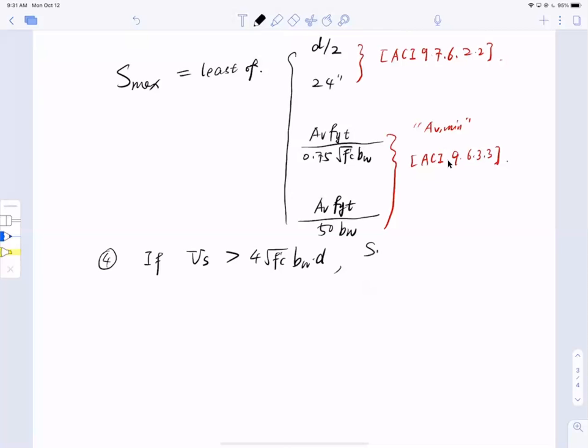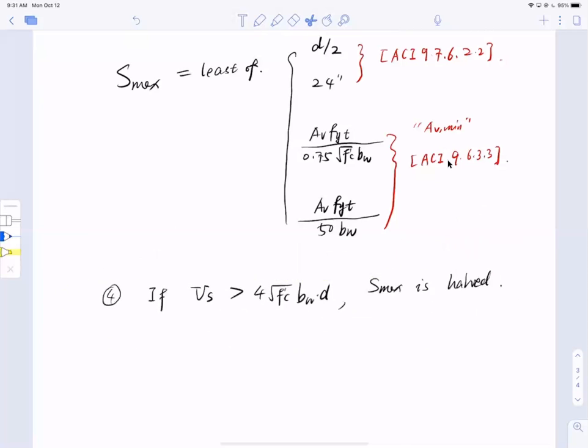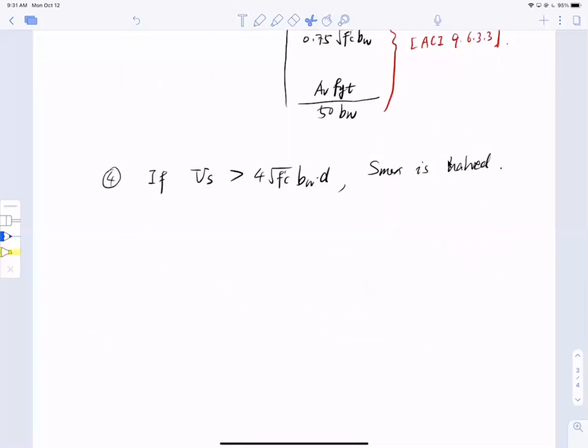Then S max is halved, so it has to be reduced. That is the fourth step. So S max has to be the lesser of d divided by 4, or 12 inches. This is again ACI 9.7.6.2.2.